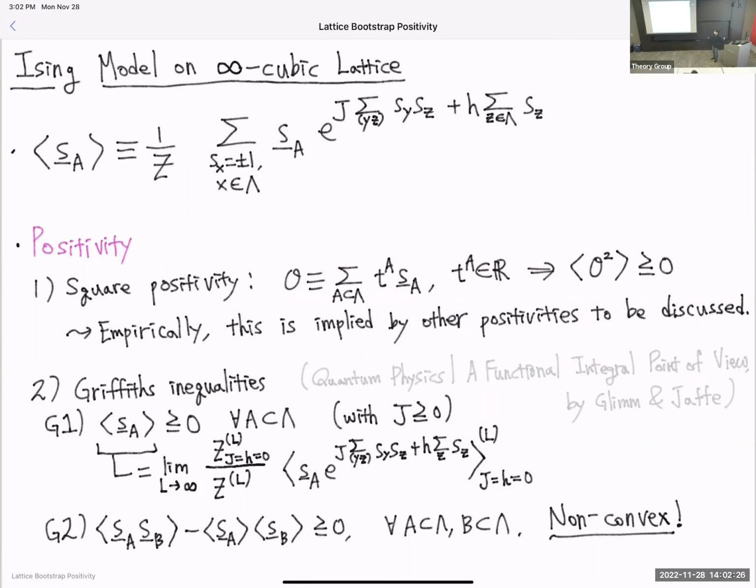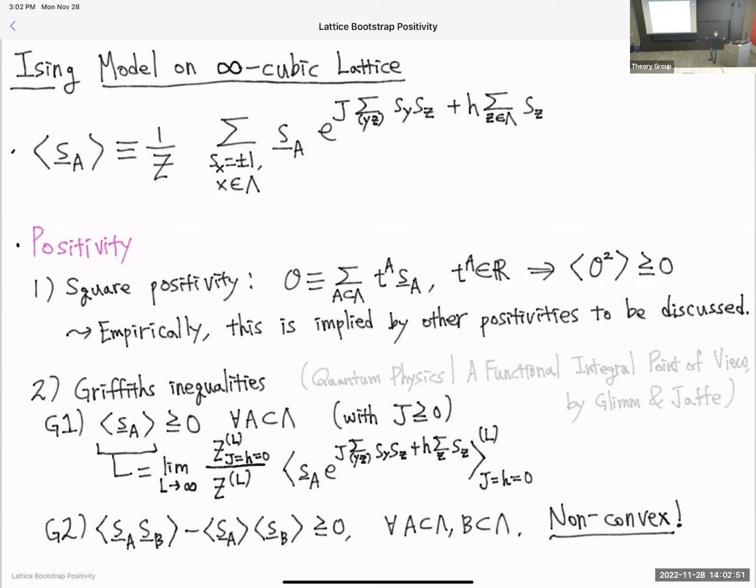Good. Now we have the second ingredient of the method, which is positivity. Let me start with the most naive one, which is something called square positivity. This is very simple. So take O, which is some real linear combination of these spin configurations. Consider it squared, and then take the expectation value.